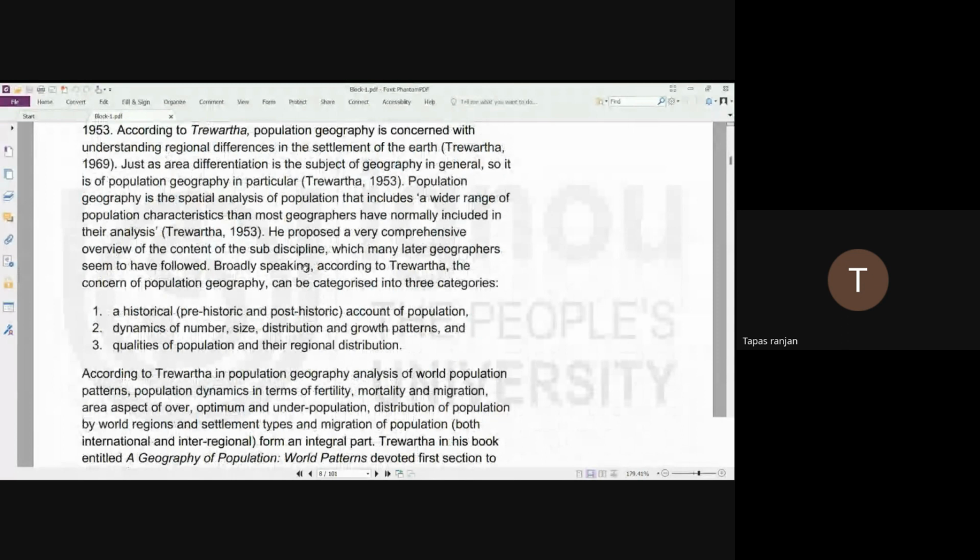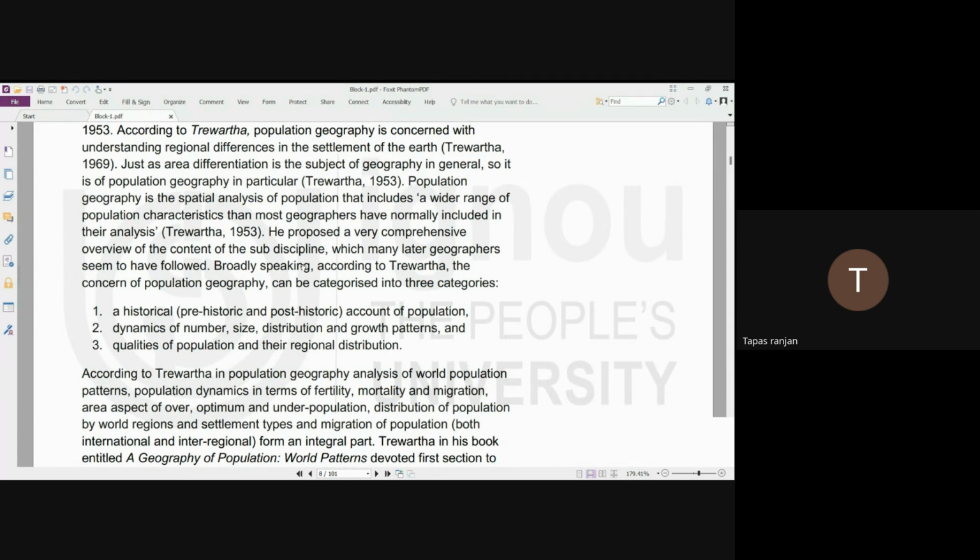So here, Trewartha in 1953 divided population geography into three categories. The first one is the historic account of population, where we study the different population dynamics, the different components and elements of population in our history, the prehistoric and post-historic phase.